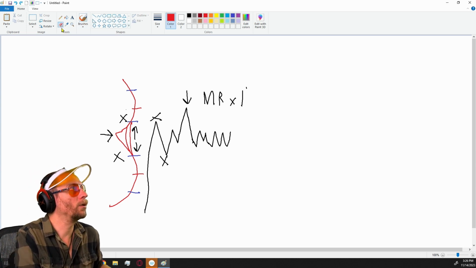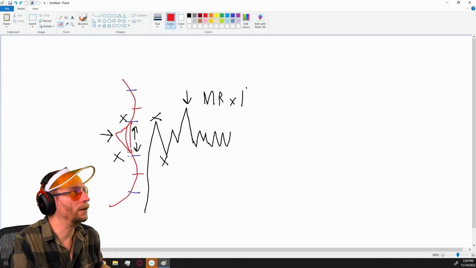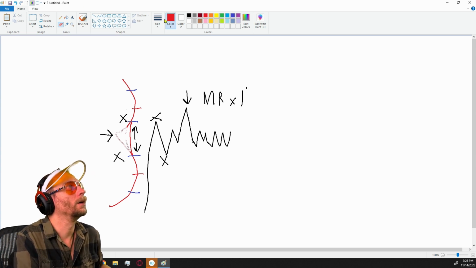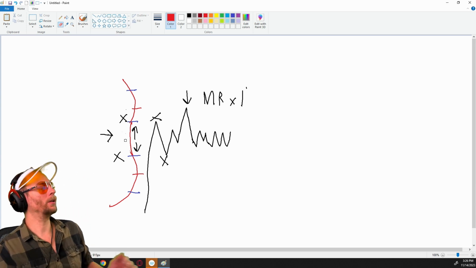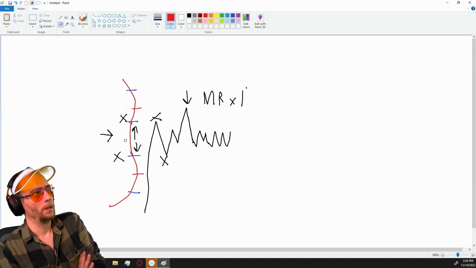And as it gets more and more filled in, that low node is really not there. I don't know why this is not erasing everything. So there you go. Now it's not really looking like a low node anymore.